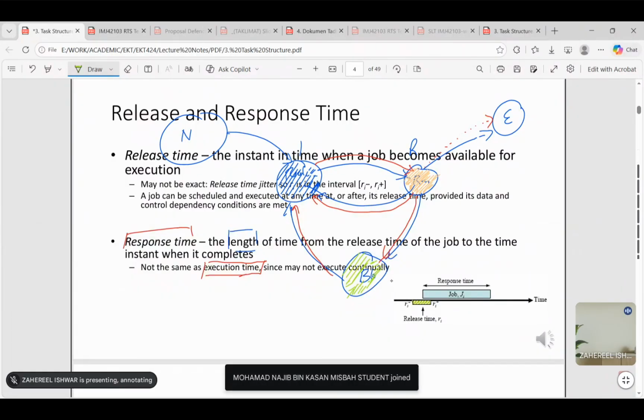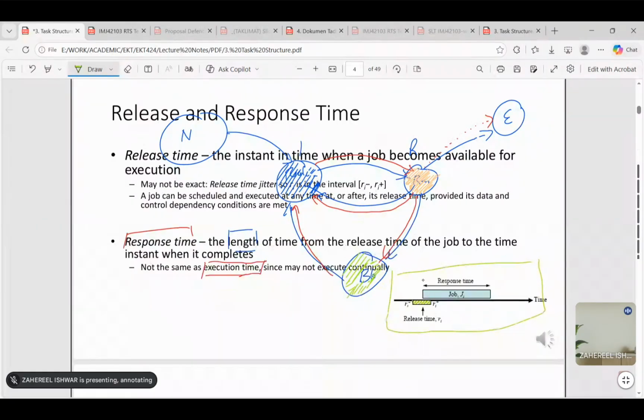Don't be confused with this figure right here. All right. It shows it runs to the end when it finishes. Looks like it runs without stopping, meaning from ready, it goes to running, and then immediately it finishes. The job was lucky. It doesn't get blocked. It doesn't have any I/O instruction inside.